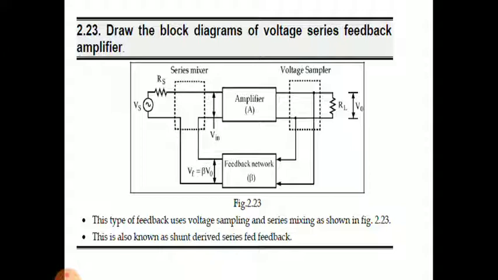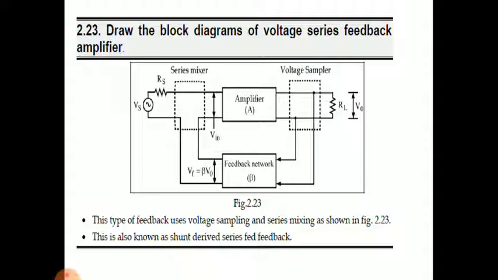In the sampler portion we have shunt sampling. Actually it is in shunt or parallel, because we measure voltage in parallel. So the output voltage is sampled, which is connected to the feedback network. This type of feedback uses voltage sampling and series mixing as shown in the figure. This is also known as shunt derived series fed feedback.